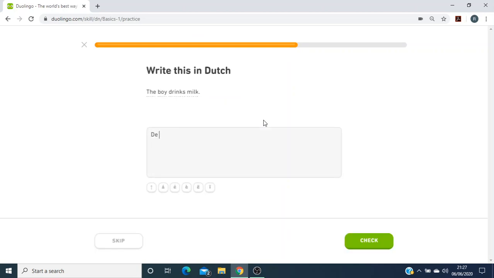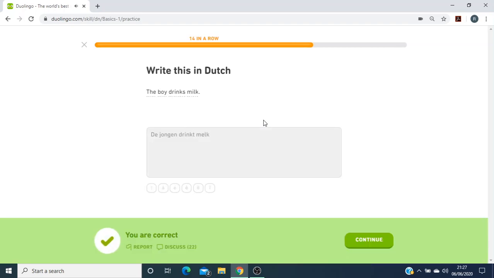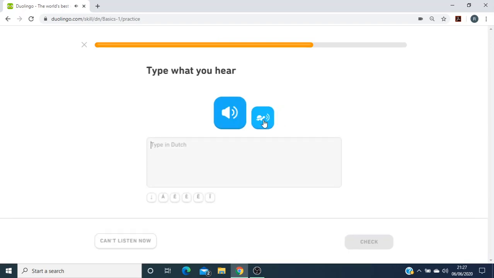De jongen drinkt melk. Het kind drinkt melk. That was quite easy to hear. I'll just put it slow just in case you didn't hear it. Het kind drinkt melk. The child drinks milk.